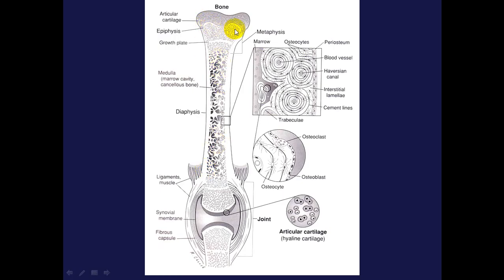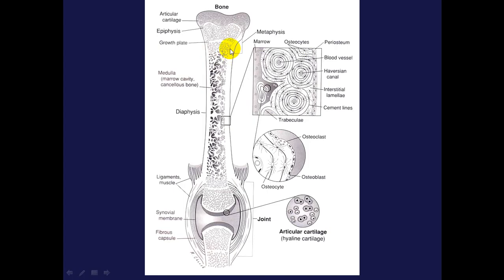This part here, just under the articular cartilage, we call the epiphysis. And then from this part to this part, this is a wider cancellous bone. We call this part the metaphysis.